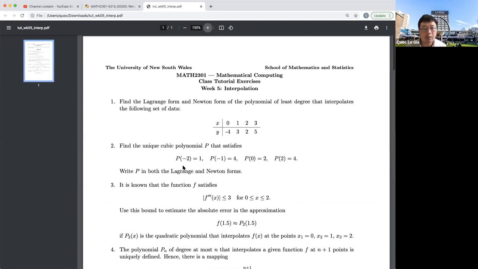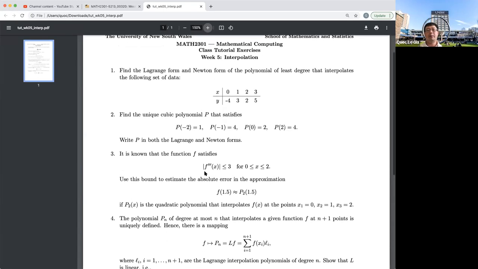Okay, so we don't spend time doing the second problem because it's just the same process but different data points. Yeah, so -2, -1, 0 and 2 for the x, and for the y vectors you have 1, 4, 2, and 4. Okay, so you can work on this one.